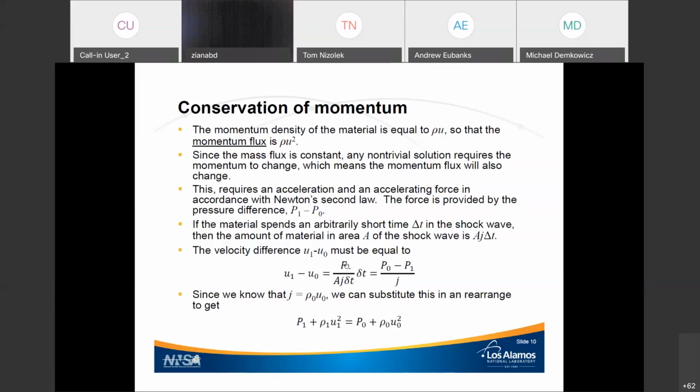You have a force divided by a mass, that's an acceleration. An acceleration times a time gives you a velocity change. And force divided by area, that's a pressure. So a pressure differential now is going to be P0 minus P1.